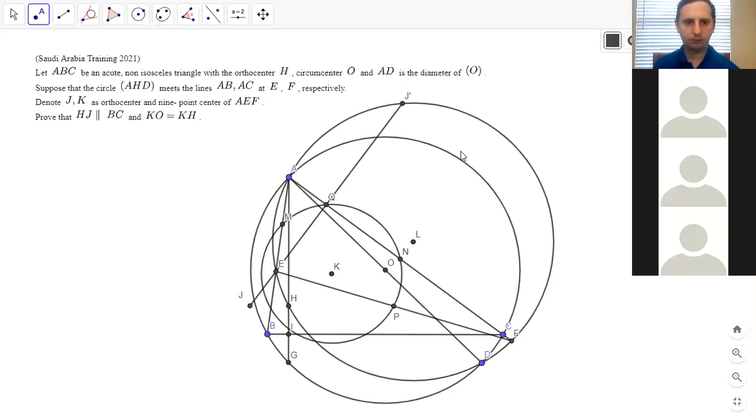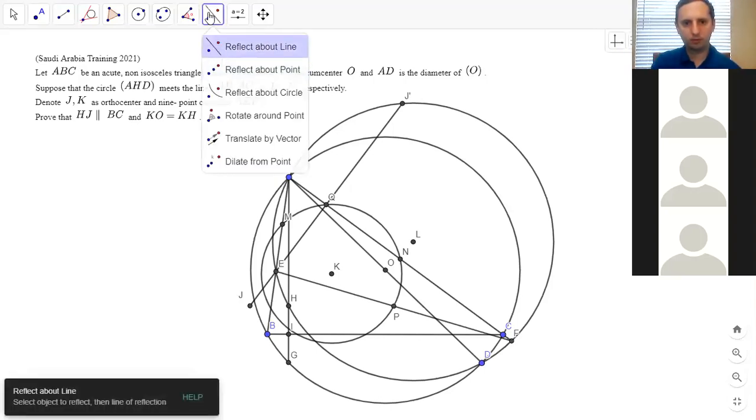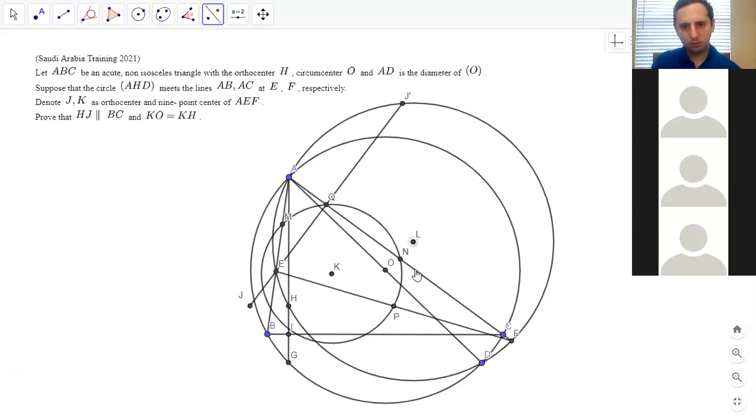So how do we show, yeah, we want to show HJ is parallel to BC. I think we're going to want to draw this. So LL prime is equal to JE. So we want to calculate the distance from J to BC.